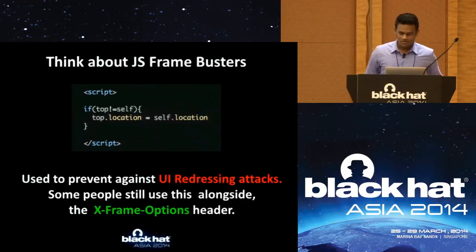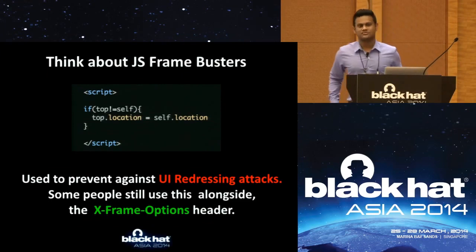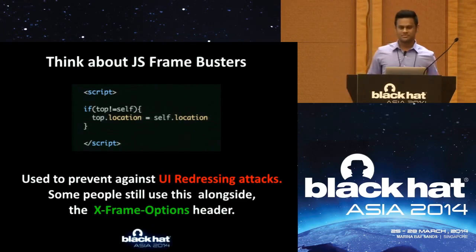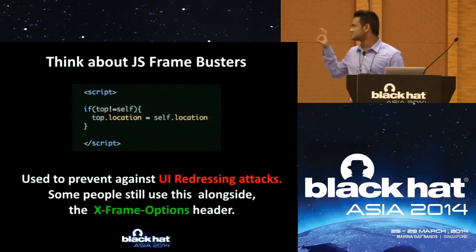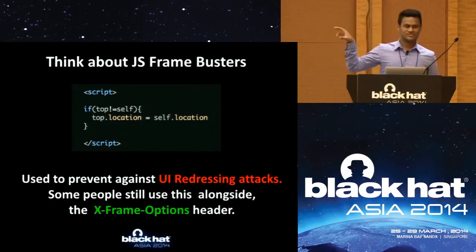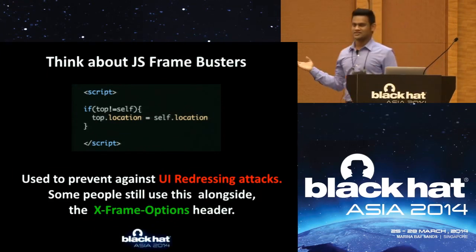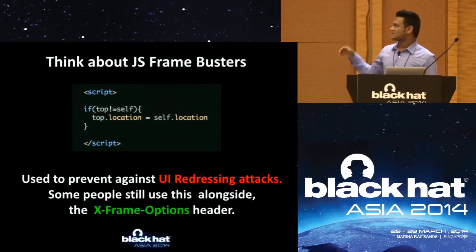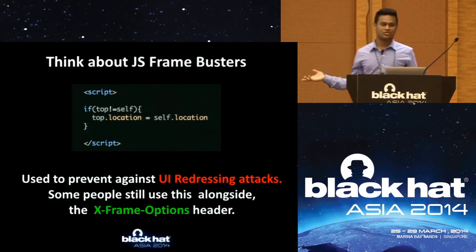You would have heard about JavaScript frame busters before. JavaScript frame busters are just a funny little script, very ineffective against everything it's trying to protect, which says top.location is equal to self.location.